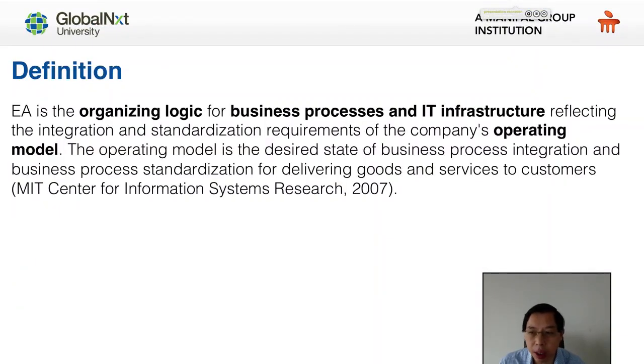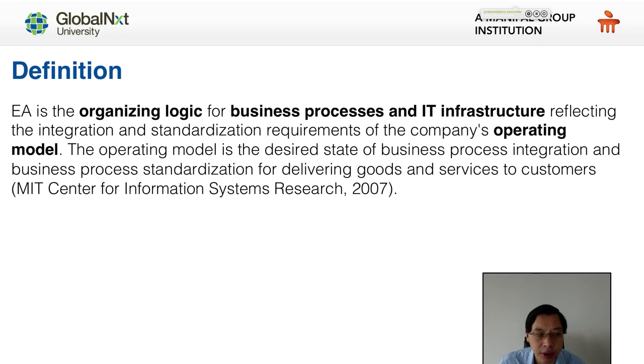So what do we mean by enterprise architecture? I know this is a new word, a new phrase. You might have heard it before. This is the definition from the MIT Center for Information Systems Research. They do a lot of research and work in this area of enterprise IT.